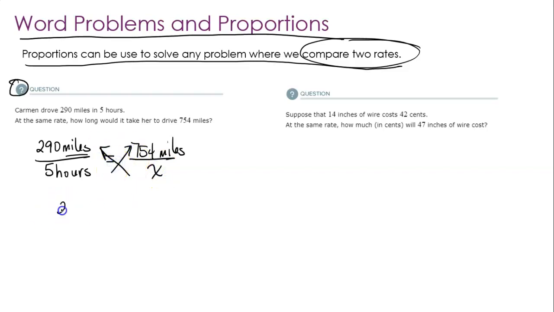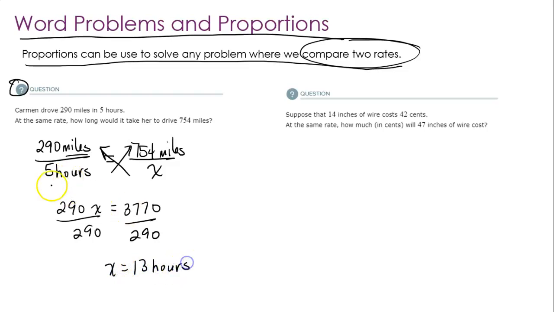So I cross multiply, I get 290x equals 5 times 754, which is 3,770. We're going to divide both sides by 290, and we find out that that's going to take 13 hours. Which makes sense. This is more than twice as many hours, and so it's more than twice as many miles.